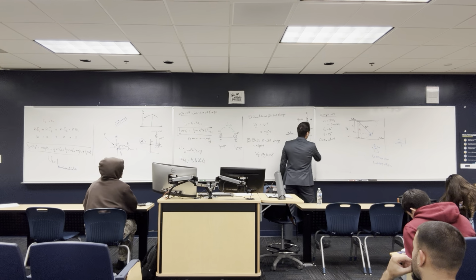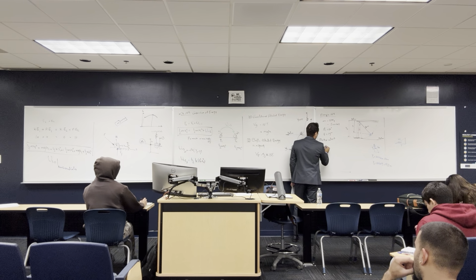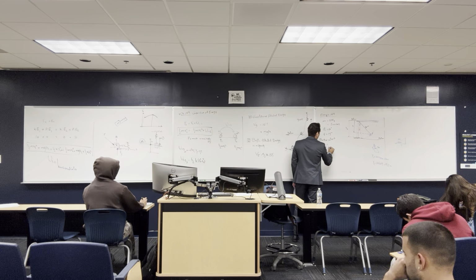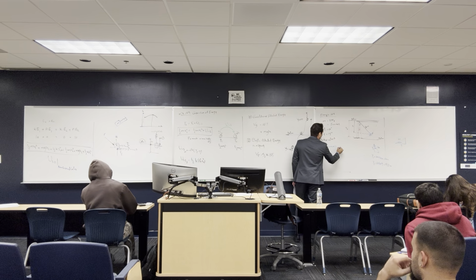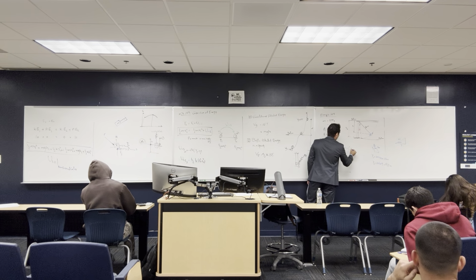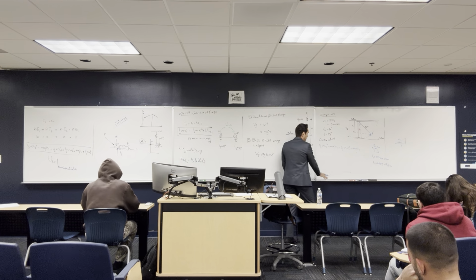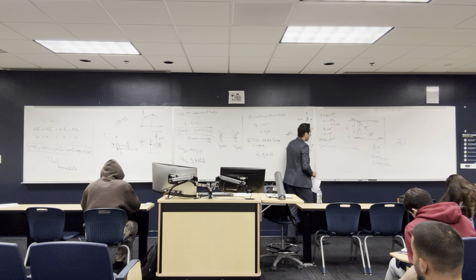Okay, so let's use the concept of conservation of energy. So we can say that half mv1 squared plus mgh1 is equal to half mv2 squared plus mgh2. Let's see what is 0 here.